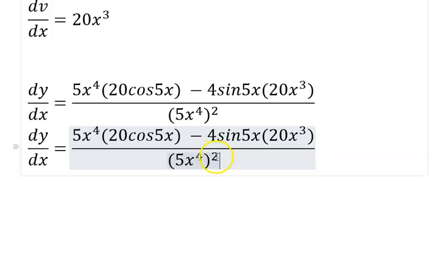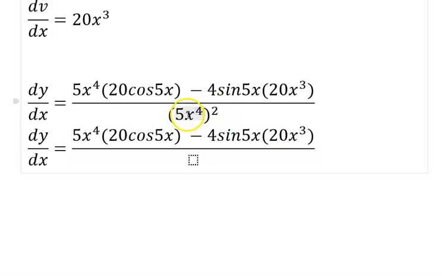So 5 squared will definitely give us 25, and x raised to power 4 multiplied by the 2 is going to give us x raised to power 8. Awesome. That means we'll be left with 25x raised to power 8.